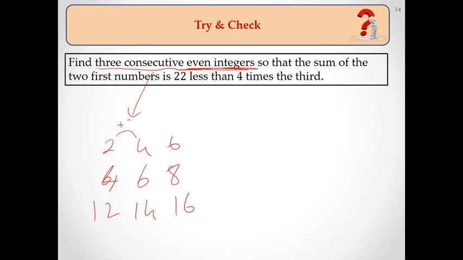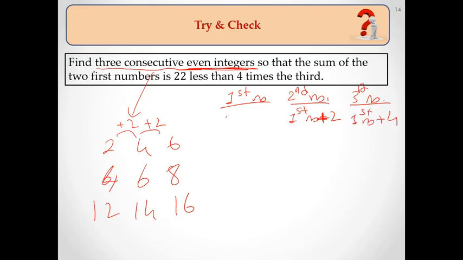Again we have this plus 2 issue. So the first number is, let's say, the first number, the second number is the first number plus 2, and the third number is the first number plus 4. Then look here: it says the sum of the first two numbers is 22 less than 4 times the third.